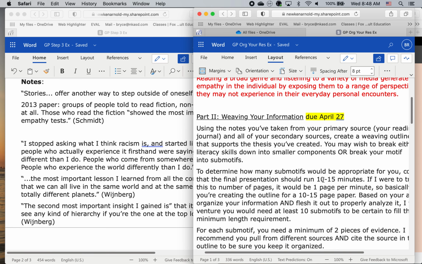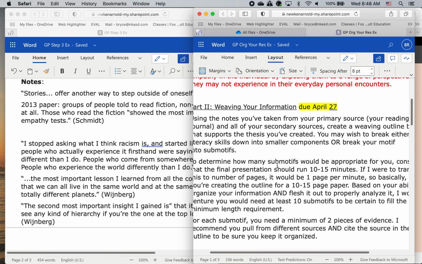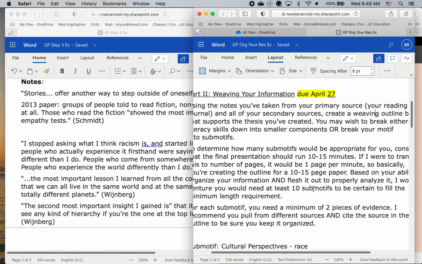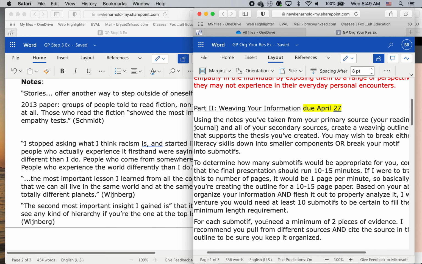So there are a couple options. You can break the literacy skills down into smaller components, or you could break your motif into submotifs. I am choosing the submotifs from the major motif to break mine down for the example.